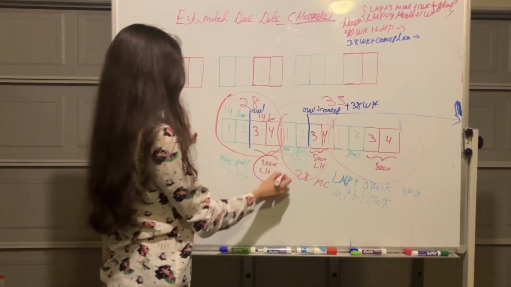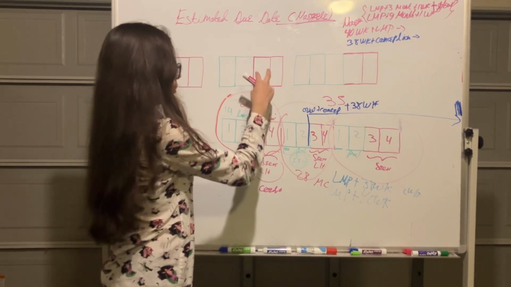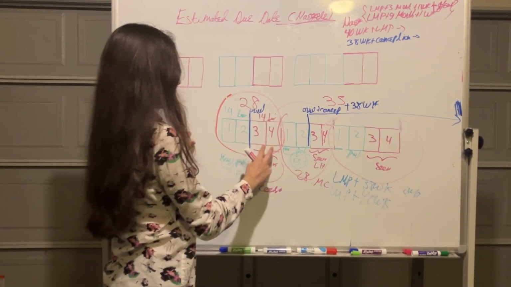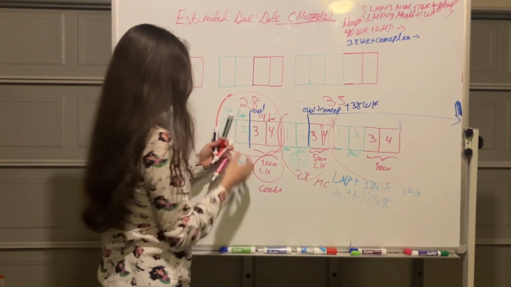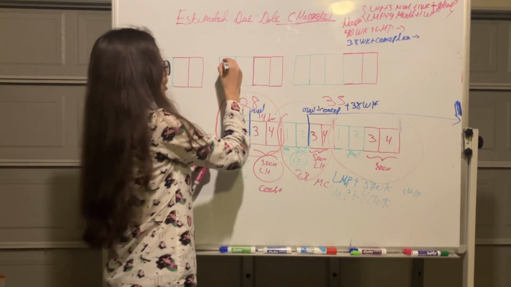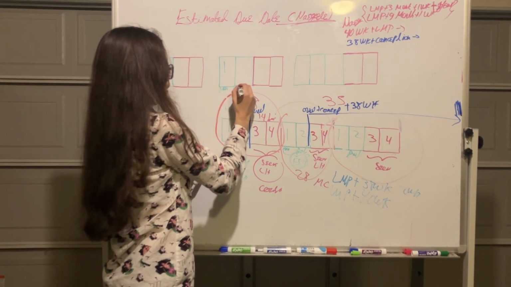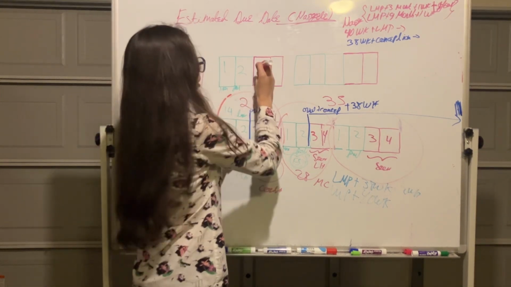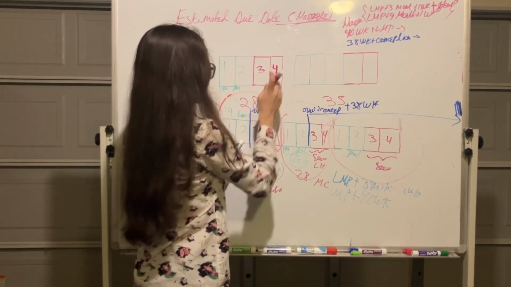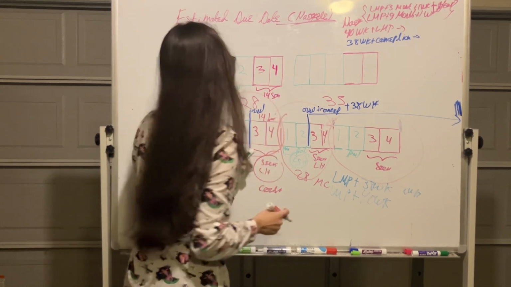LH or secretory phase is always constant, so we always have 14 days or 2 weeks of LH. So this is week 1 of the menstrual cycle, which is where menses occur. Then the proliferative phase, which is week 2, week 3, and week 4 is the secretory phase, which is 14 days of secretory phase.